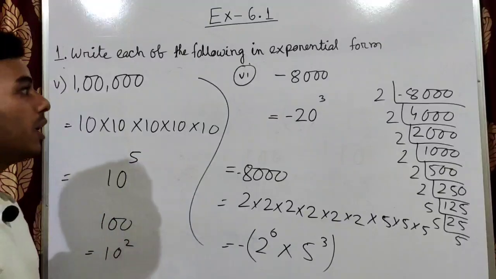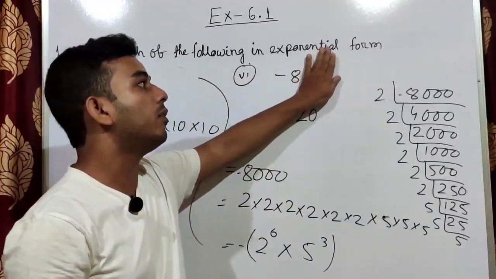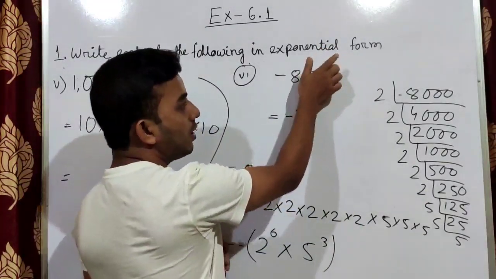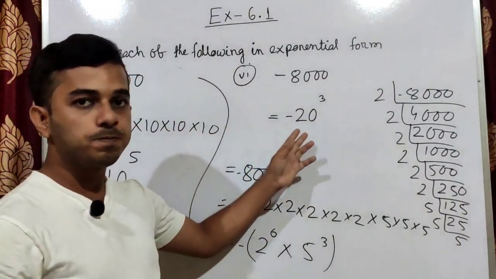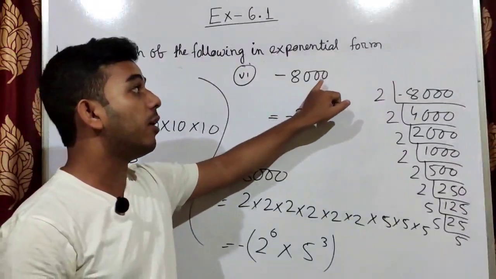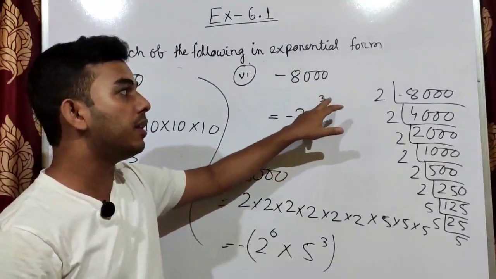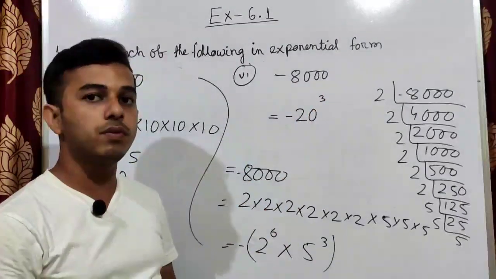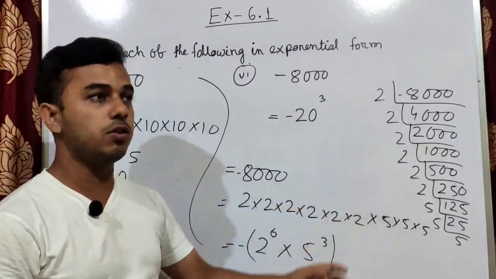So 5. Here for 8000, for a few seconds we will remove these 3 zeros, right? Now we can write 8 as 2 cube. Then there are how many zeros? 3 zeros. So we will write 1 zero here, then 3. So 2 cube and 3 cube, finish. So it will be minus 20 cube.